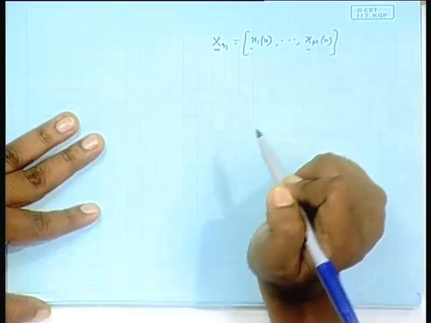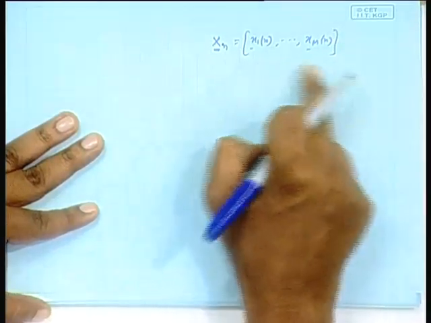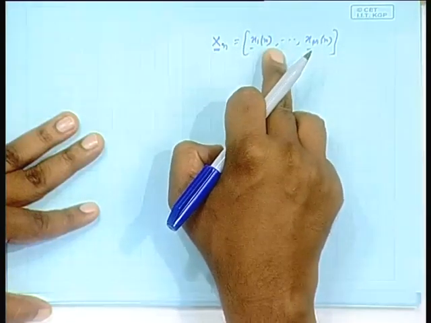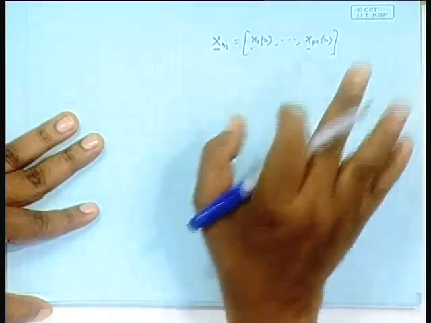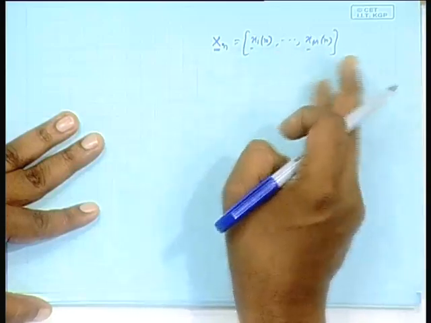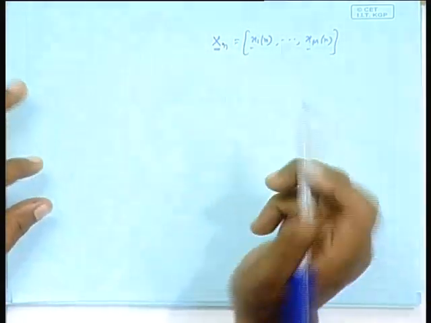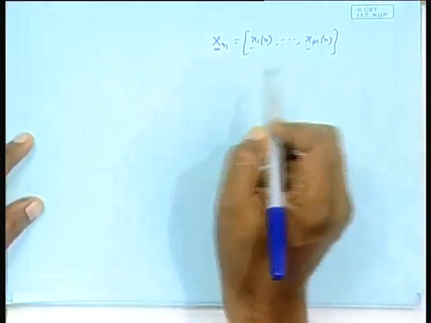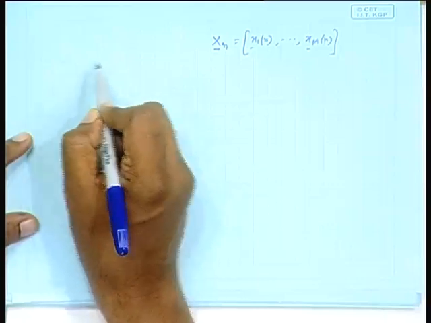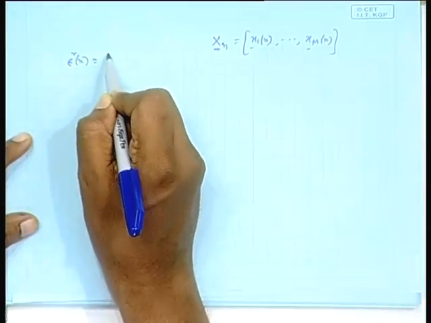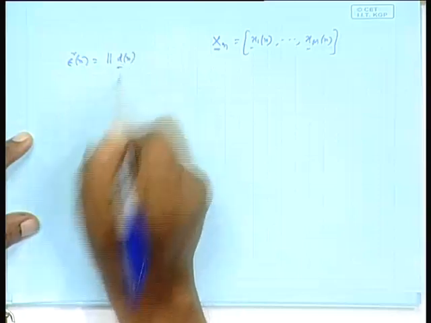I told you in the filtering case, these are not even defined data vectors: x n vector, z inverse x n, z inverse 2 x n, like that. But here I am still trying to be more general, as though m defined columns are given. So that becomes a special case of this. No problem. Then, X n, and epsilon square n was with d n, the desired response vector.